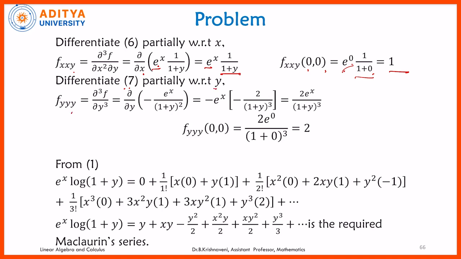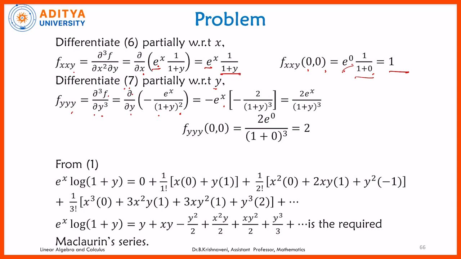Next to find out fyyy, differentiating equation 7 with respect to y, that is ∂³f/∂y³, which is ∂/∂y of ∂²f/∂y², and that is minus e^x/(1+y)². Now differentiating with respect to y, minus e^x and 1/(1+y)² written as (1+y) to the power minus 2.